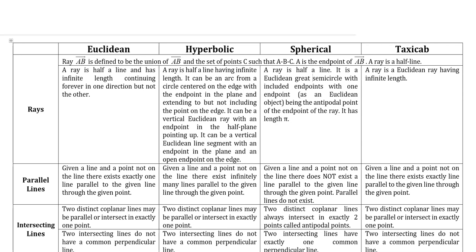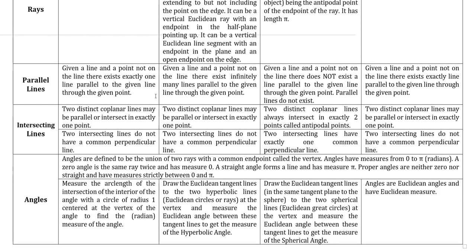Both endpoints are included on that. One of them is the endpoint A of the ray, and the other is A prime, the antipodal point. So it turns out that ray AB is the same as the ray A prime B, where A and A prime are antipodal points.